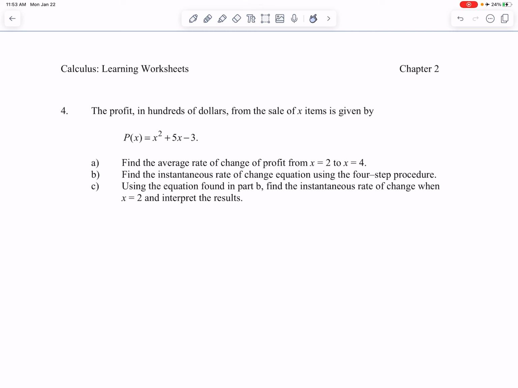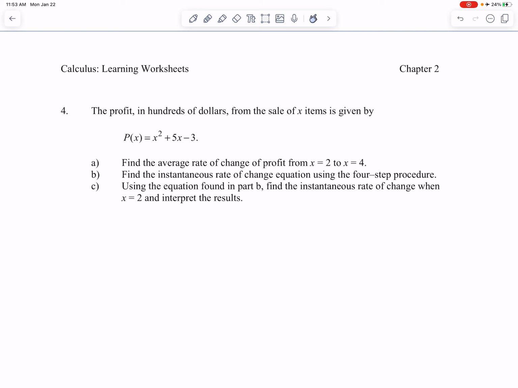Next up, we are going to look at an application. The profit in hundreds of dollars from the sale of x items is given by P(x) = x squared + 5x − 3.